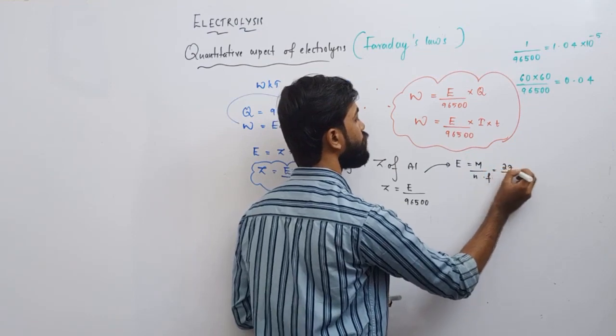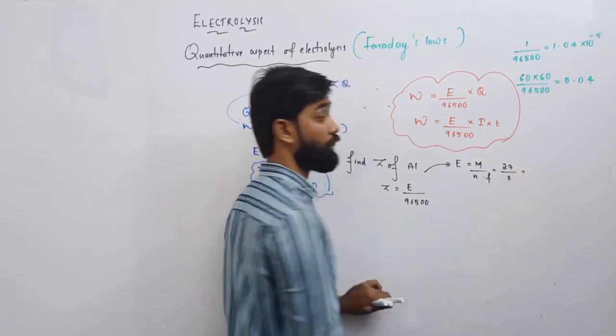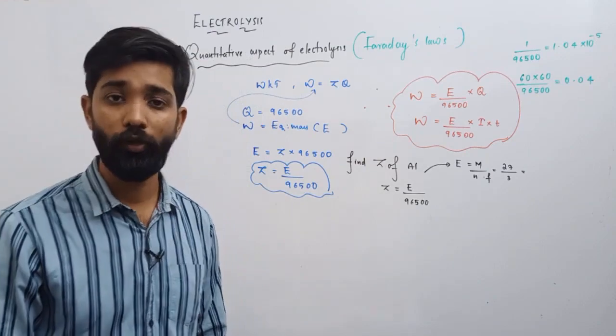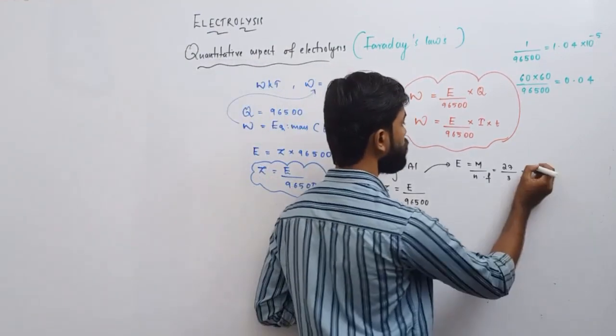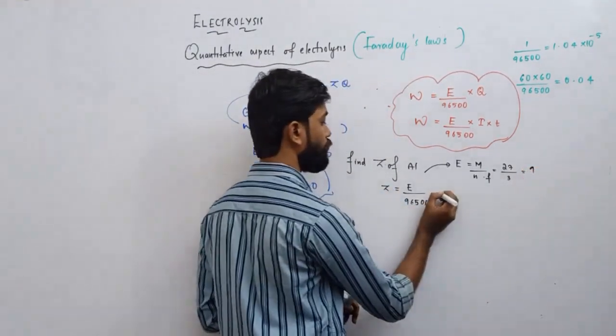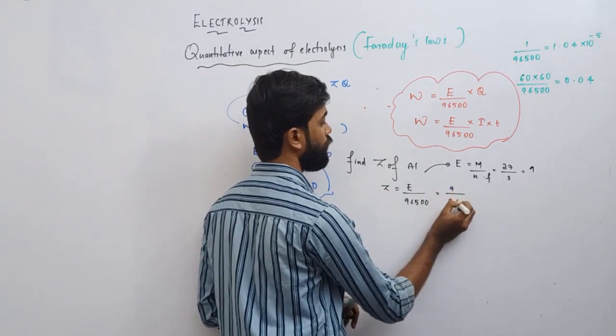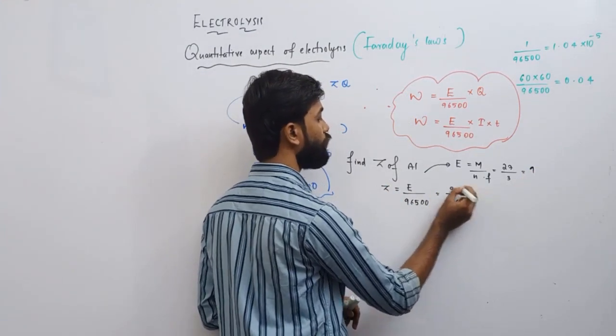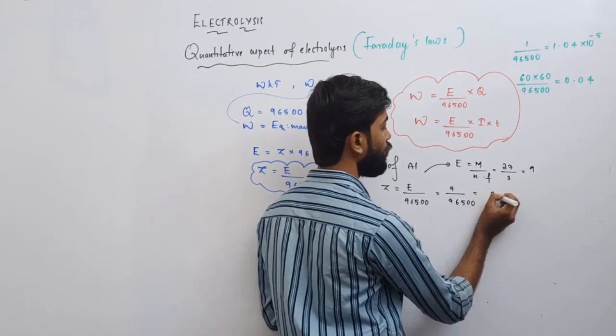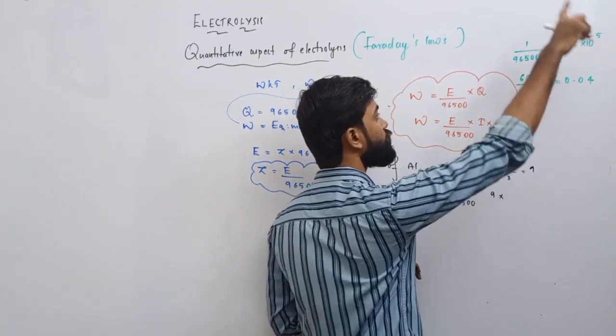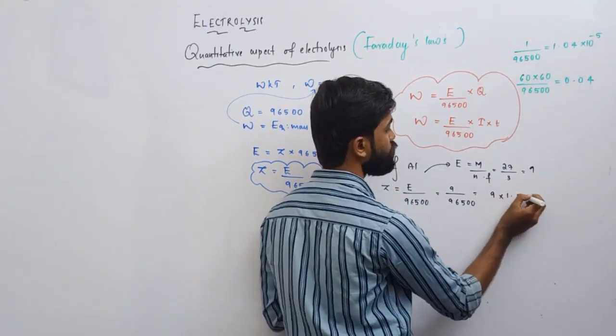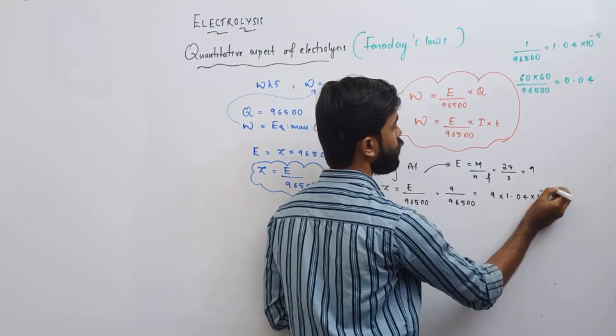The molar mass of aluminum is 27. The n factor is the positive charge. We all know that aluminum can only show Al3+, so the positive charge is 3. So 9 is the equivalent mass, and Z is 9 divided by 96500. There is no need to divide with this one; you simply bring the 96500 to the top, that is, 1.04 into 10 to the power minus 5.